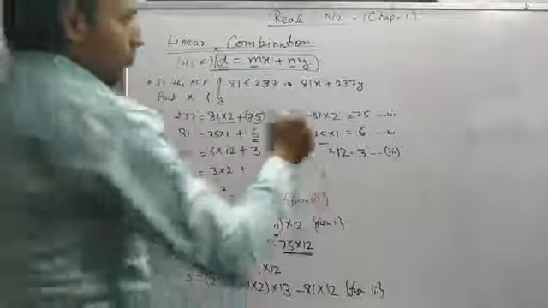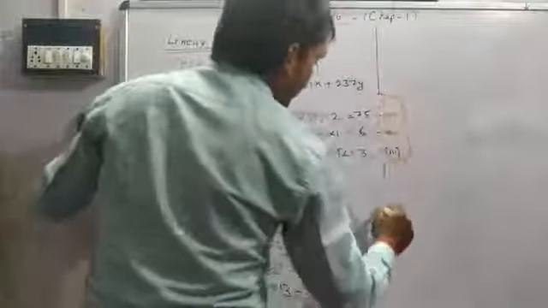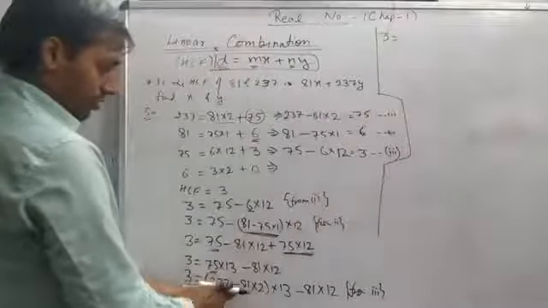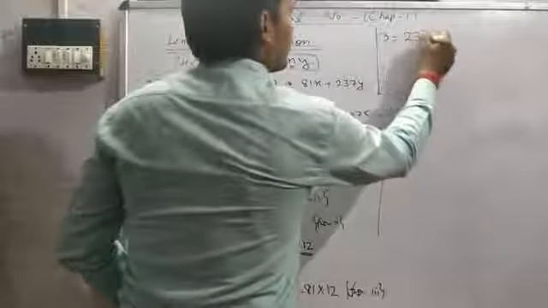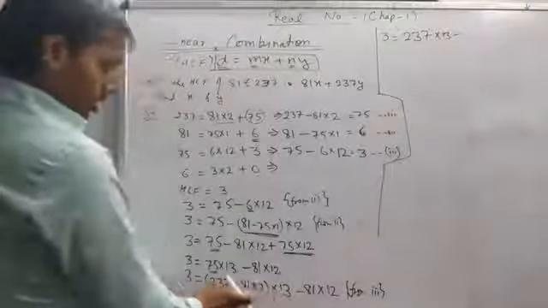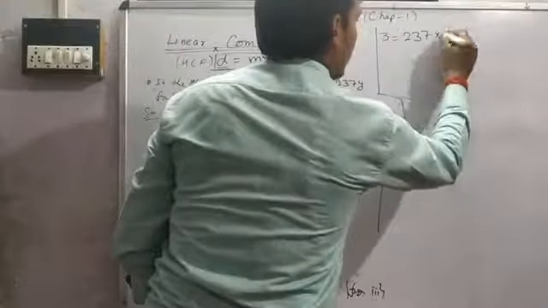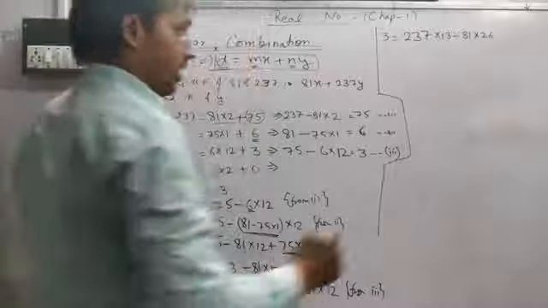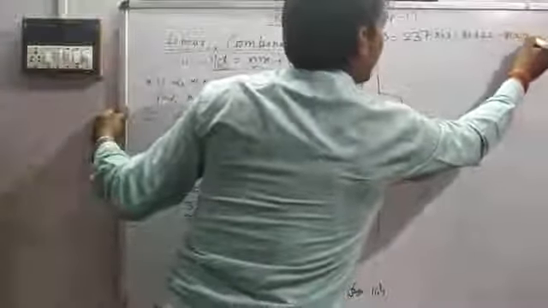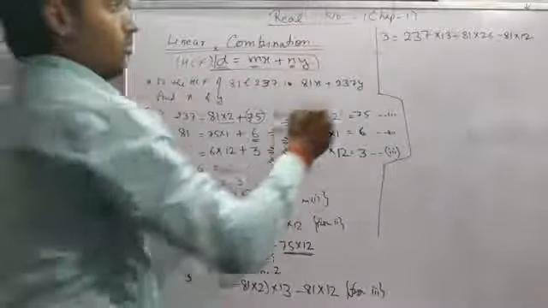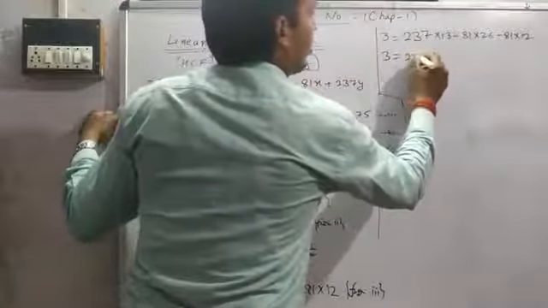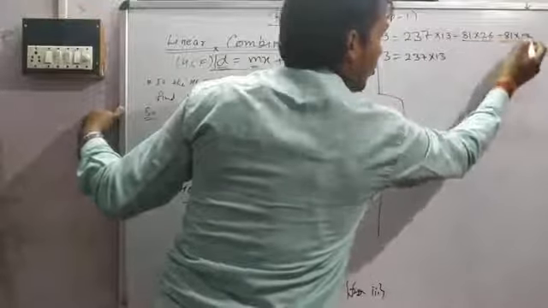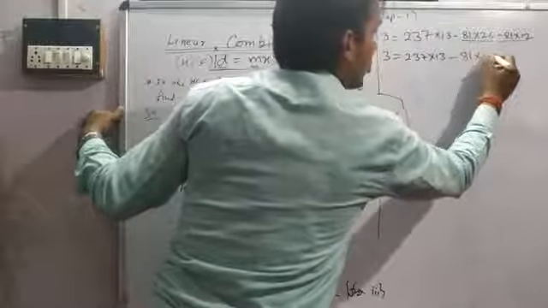Then open the bracket and place the values. 3, same, note down: 237 into 13, 13 into 2, 81 into 26, and minus 81 into 12 as before. So 3 equals 237 into 13 one time, minus 81 into 26 plus 12 times, so in whole minus 81 into 38 times.